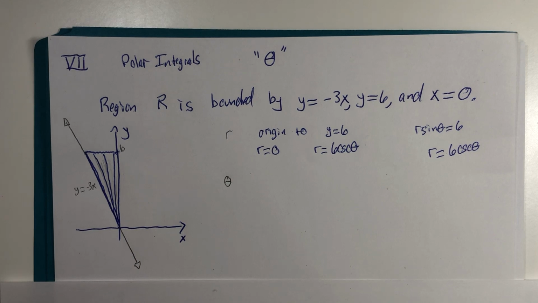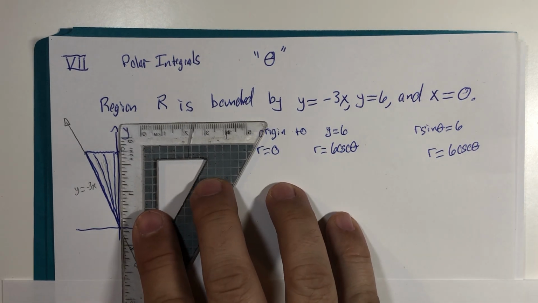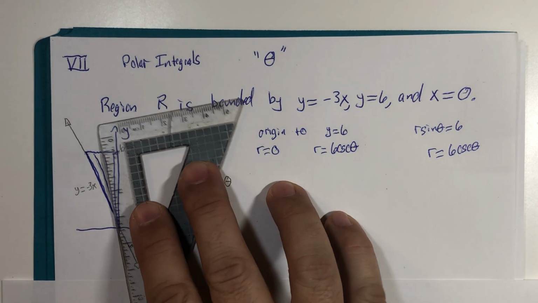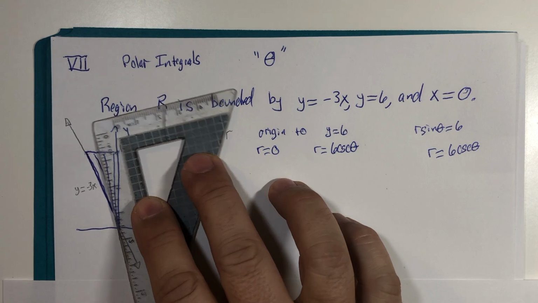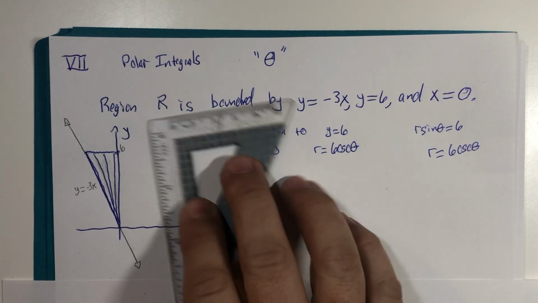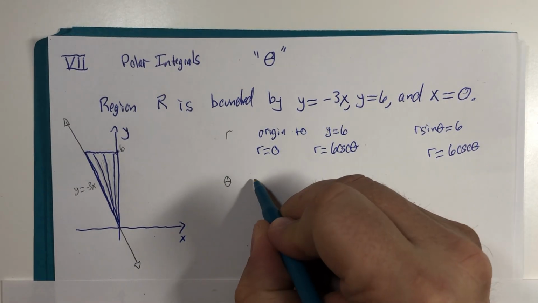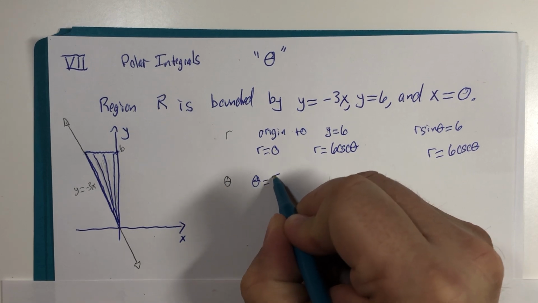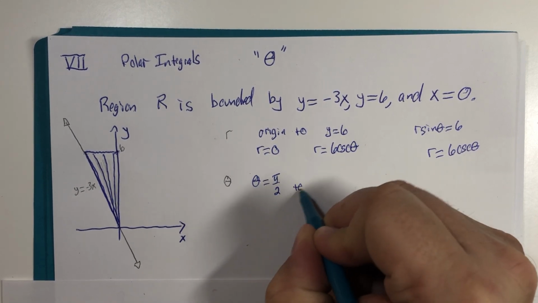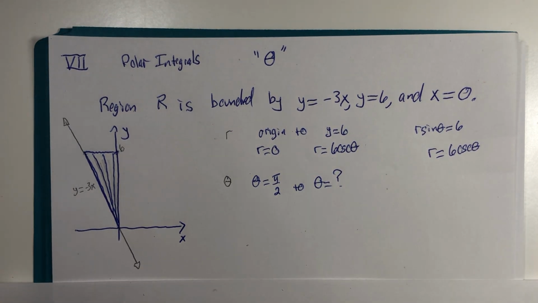Now theta is varying from this 90-degree pi over 2 to whatever that angle is there. So theta is at pi over 2 to whatever that angle becomes. Theta equals pi over 2 to theta equals, and this is what I want to look at in this little video segment.